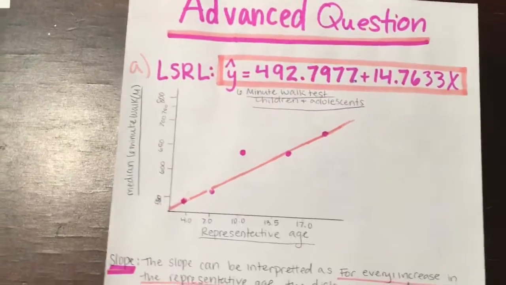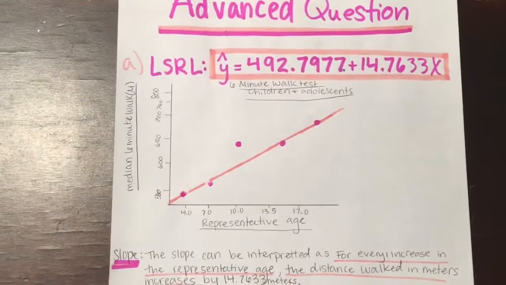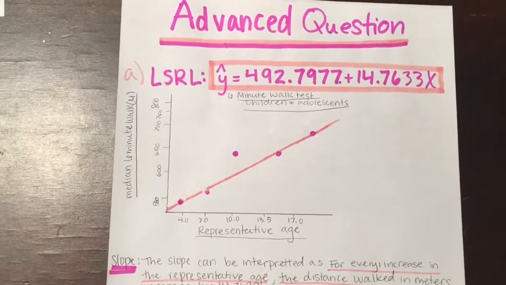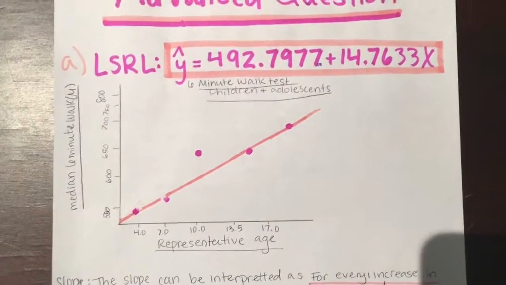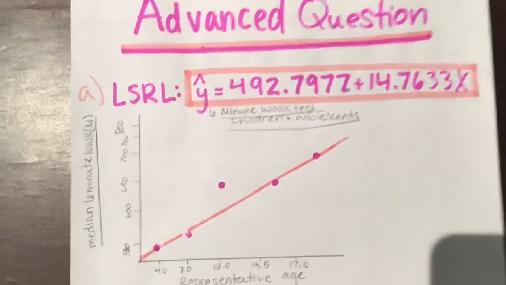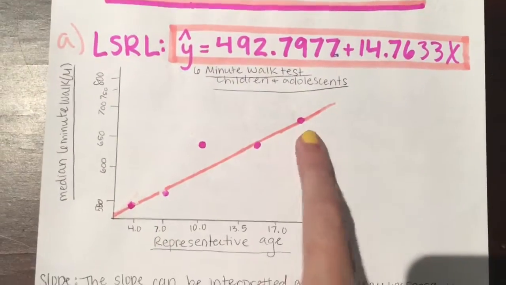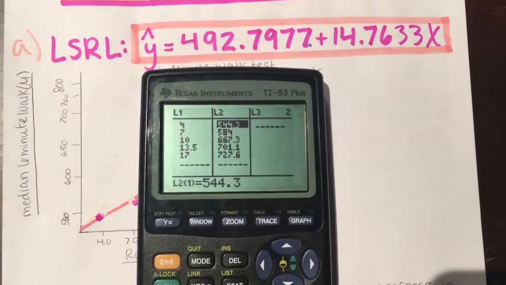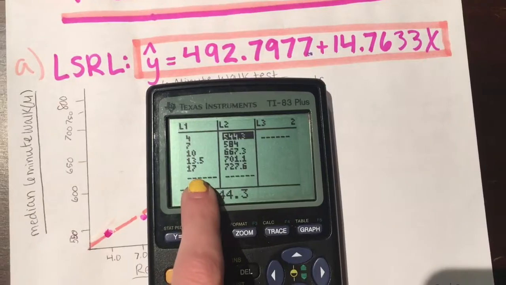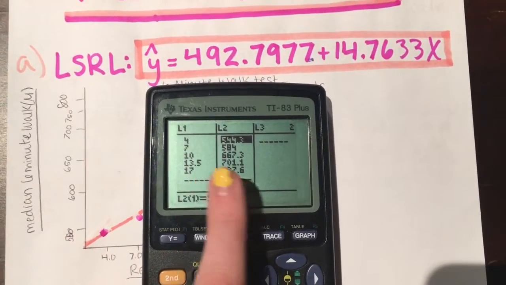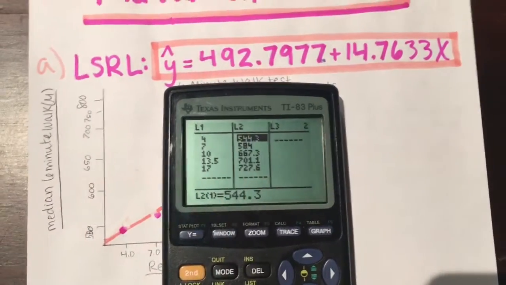Part A asks us to determine the least squares regression line and interpret the meaning of its slope. I did this in my calculator, but I gave you a rough sketch of the dots and the line. I've entered into list 1 my representative age, which is X, and into L2 the median 6-minute walk distance, which is in meters.